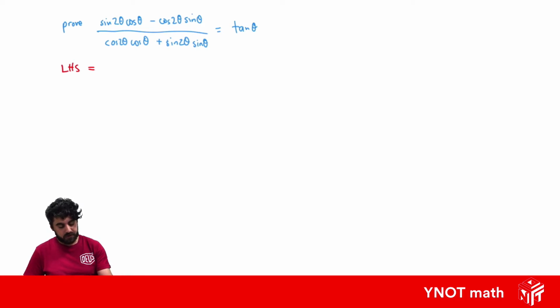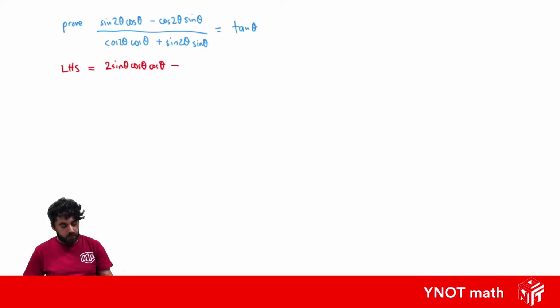So sine 2 theta is 2 sine theta cos theta, all times by cos theta, minus cos 2 theta. We've got a few expressions we can write for cos 2 theta: cos squared theta minus sine squared theta, 2 cos squared theta minus 1, and 1 minus 2 sine squared theta.